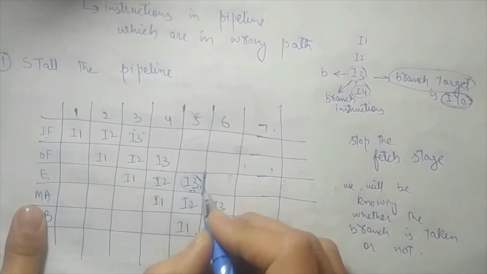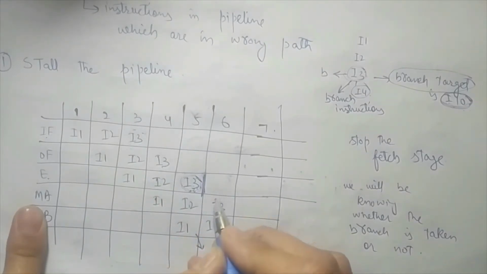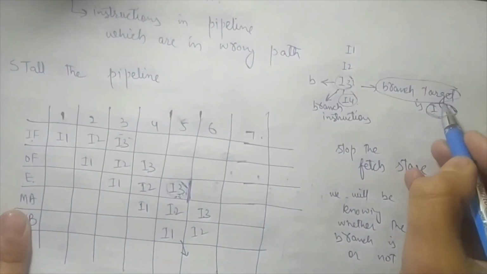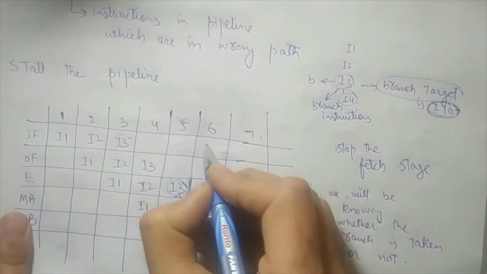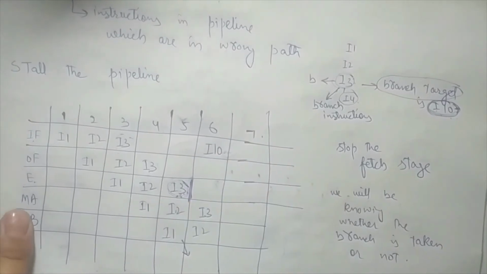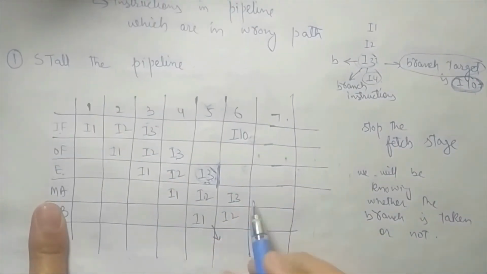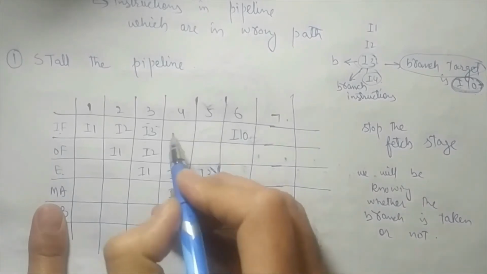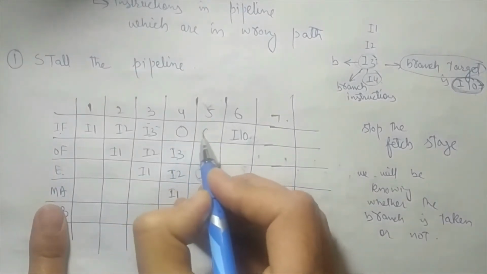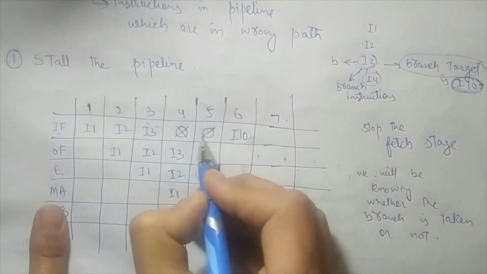In the same cycle, we will be sure what the next instruction is. Let's say the branch is taken, then the instruction to be fetched is I10. You can see that because of this branch we have lost 2 cycles.